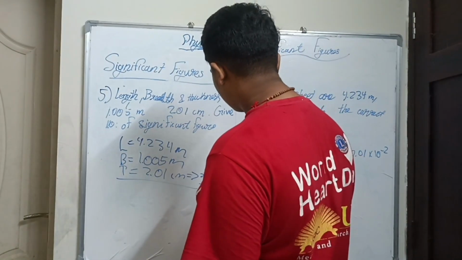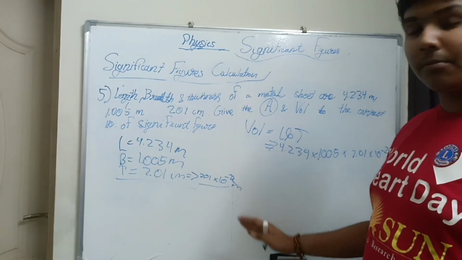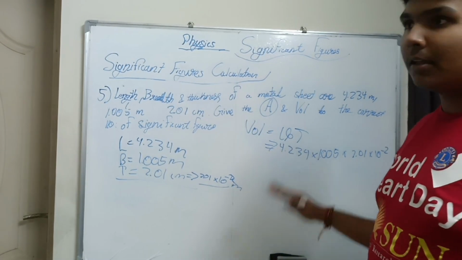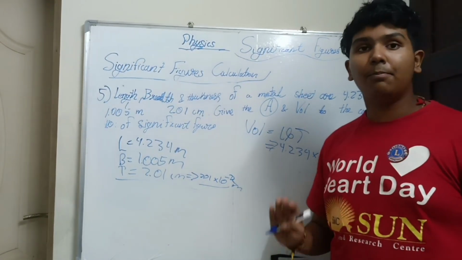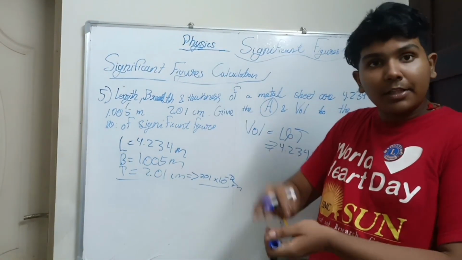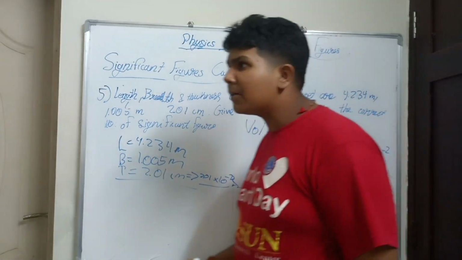Now either you can round them off or multiply them at the same time. So how do you do it? It will be a big problem for you. So I think you can do it. You can pause the video and write the calculations. So straight to the problem.